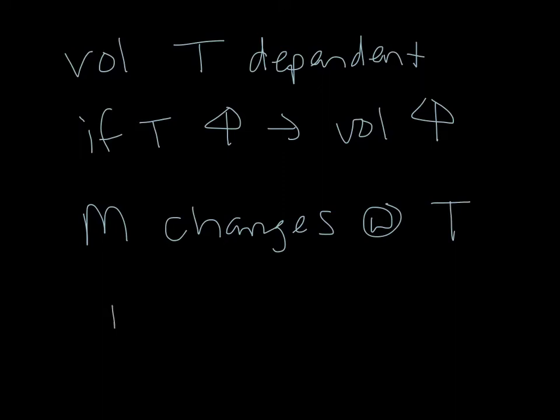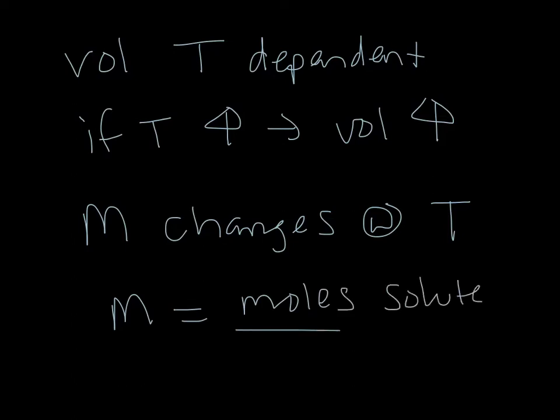So remember that molarity, big M, is moles of solute over liters of solution. If I'm going to be doing some work where temperature is going to be variable, then I can use another form of concentration called molality that is not temperature dependent.